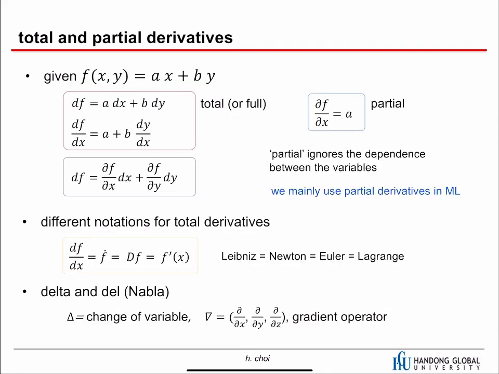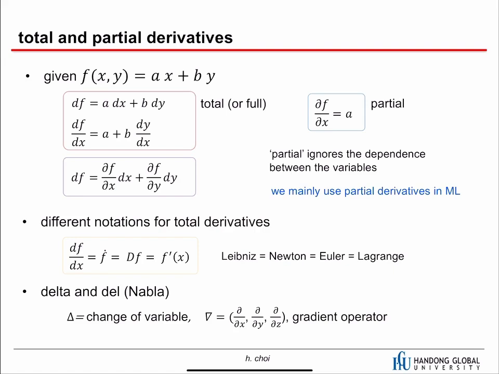Okay, so basically I'm done, but there are some students who are confused by total derivatives and partial derivatives. So let me explain the difference between these two. Given a function f, which is ax plus by, if we calculate the total derivative, then we don't ignore the relationship between the variables. So the derivative of f with respect to x is a plus b times dy over dx, because x and y are kind of connected.